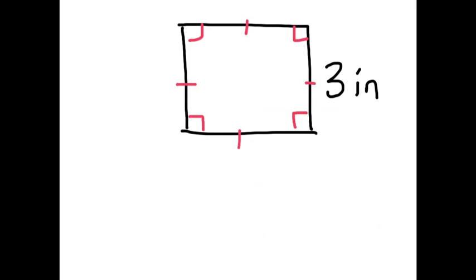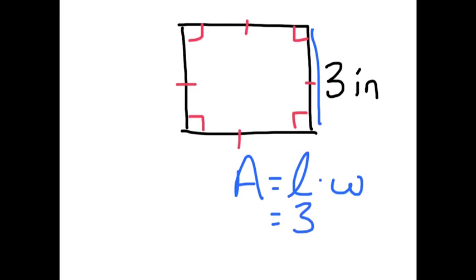Here's another shape. It's a square, and we can do it the same exact way. The area of a rectangle or square is going to be length times the width. The length is 3 times a width of 3, because all the sides are the same, making the total area 9 inches squared.